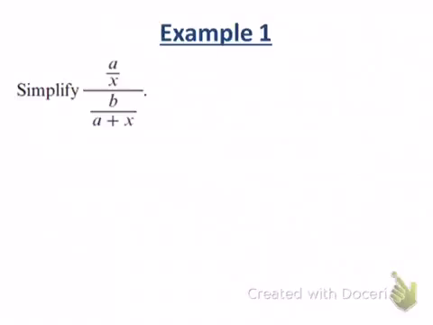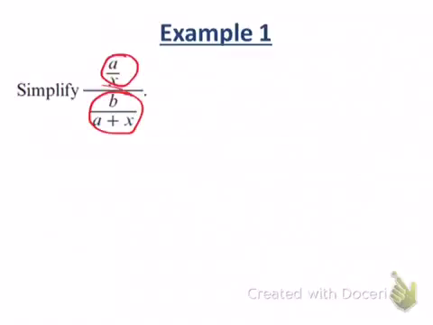A over x over, or divided by, b over a plus x. How many terms do we have in the numerator? One term. How many terms are in the denominator? One term. The fraction bar is a grouping symbol, so this is one thing divided by one thing.